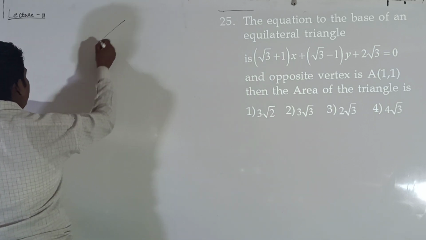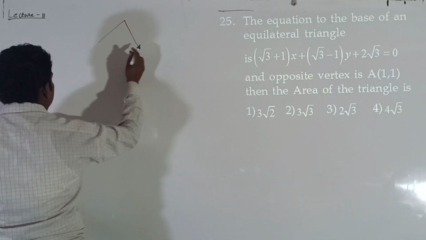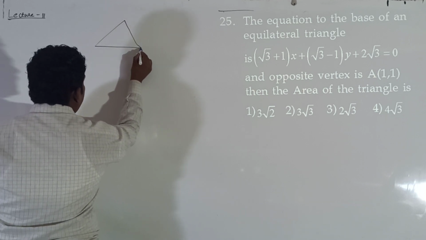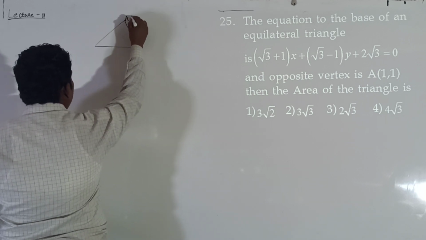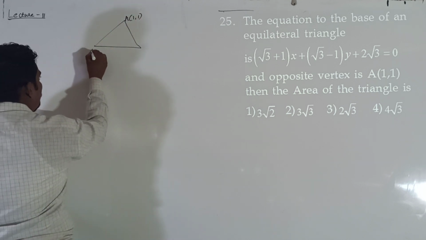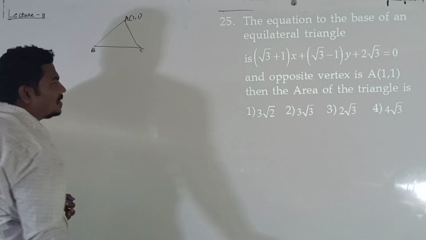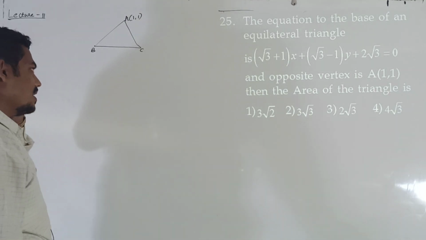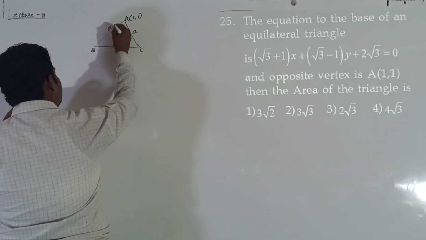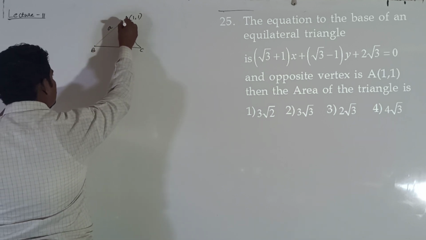Clearly given triangle is equilateral triangle, right? Equilateral triangle whose vertex A is 1 comma 1 and base equation is given. It is equilateral triangle means clearly all side lengths are equal.